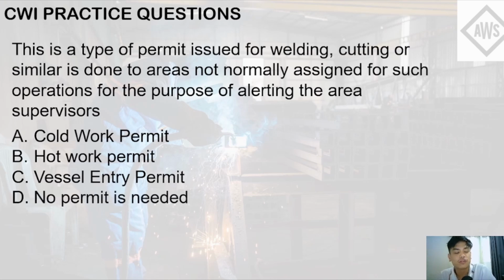The first choice, cold work permit, is just for a work activity that doesn't produce sparks or generate any heat. Hot work is for welding, cutting, using oxyacetylene for example, basically the activity that generates fumes or heat.